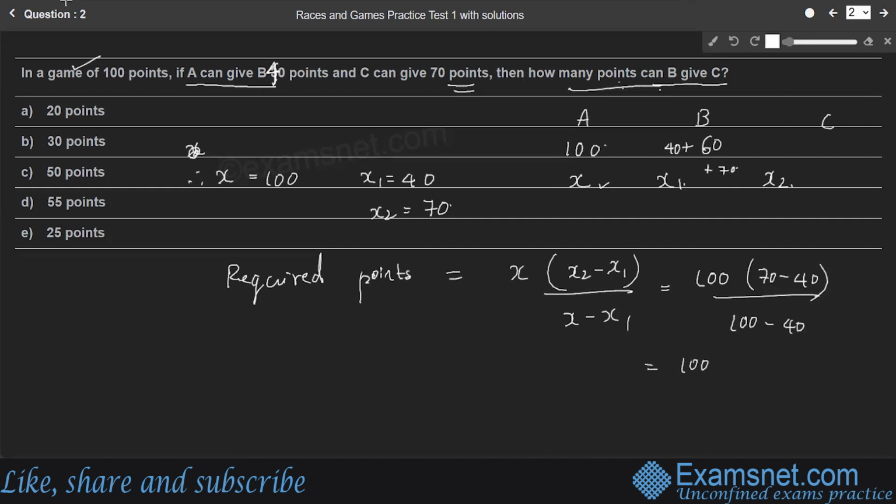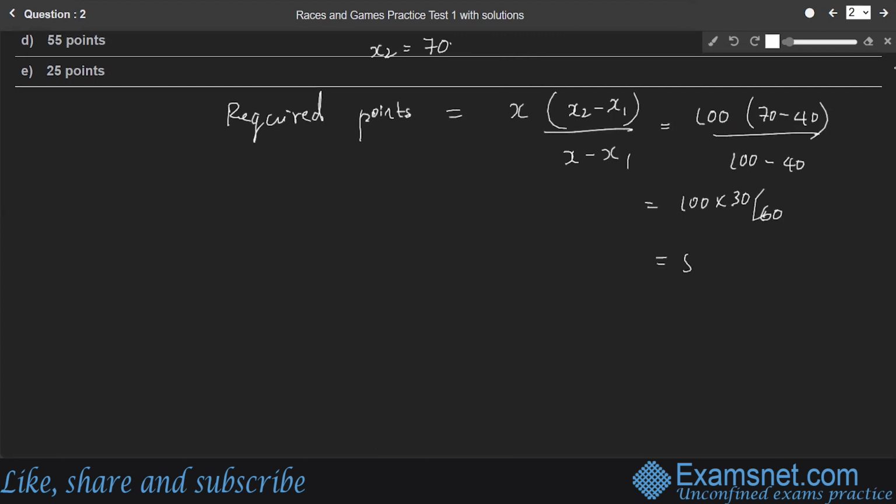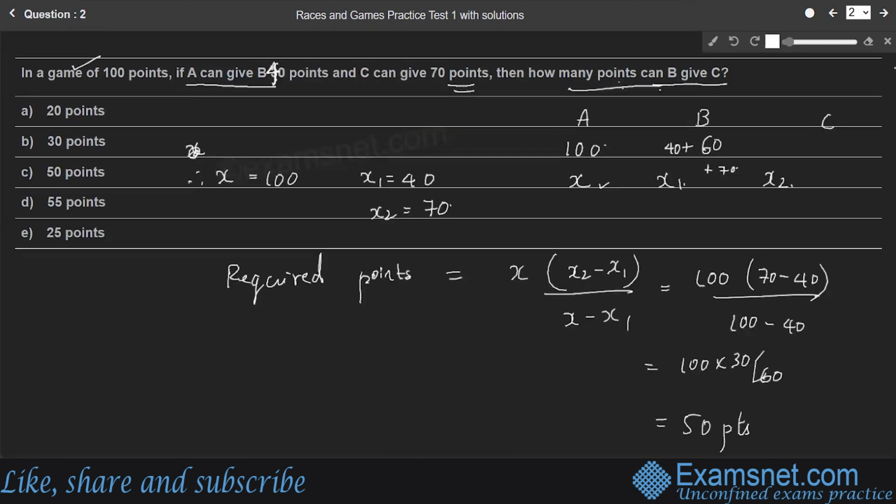So 100 into 30 by 60, which is 100 by 2, which is 50 points. Therefore, B can give C 50 points. So option C is the right answer.